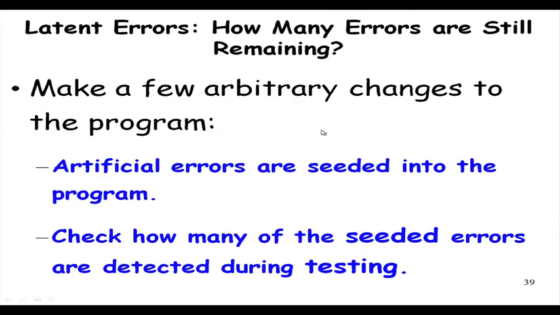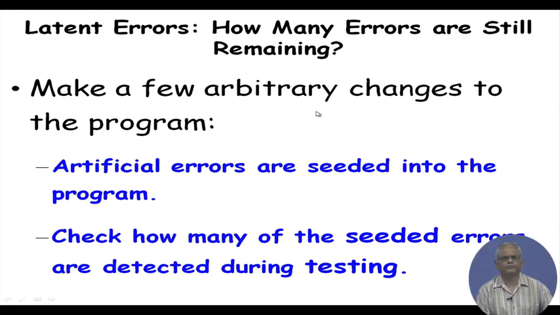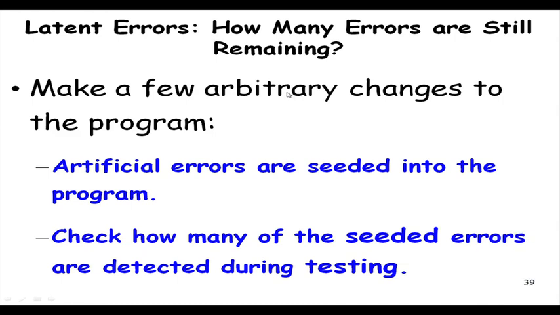Now, let us look at one problem which bothers every developer, every tester and every user of a software, that is, how many latent bugs are there in the software. So, the software, let us say a million lines of code, has been developed after a lot of work by the developers, it has been tested.